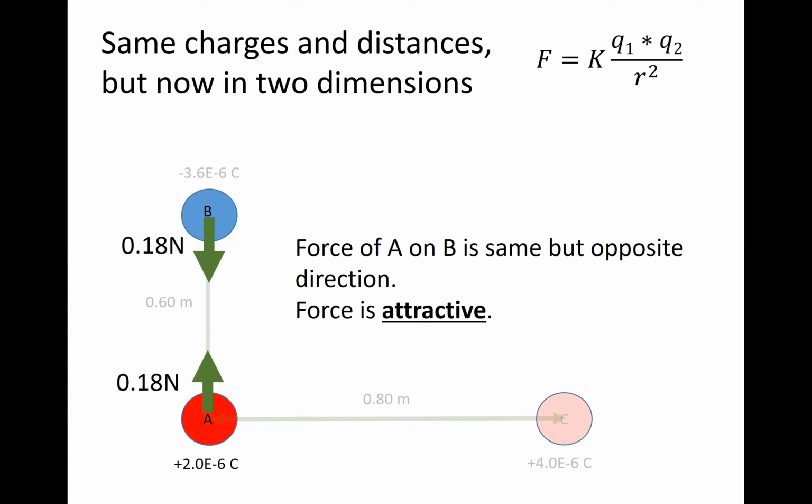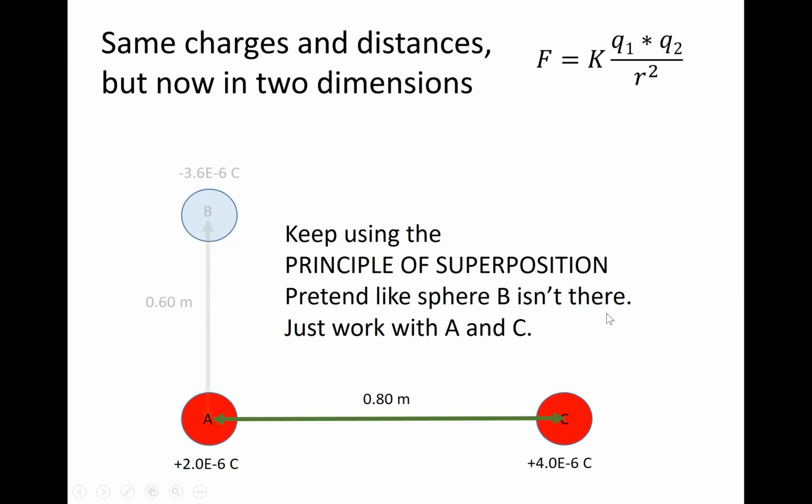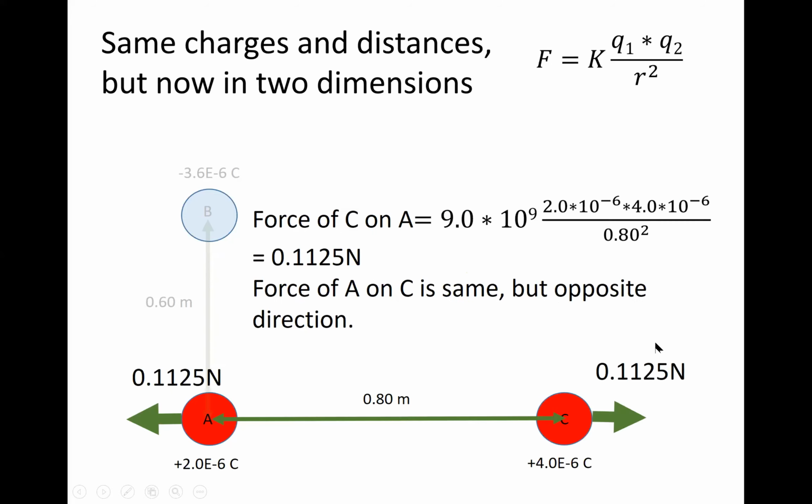Okay, all right, and so now I know that force. Now again, you use the principle of superposition. This time I've grayed out sphere B, so the only things in the universe are A and C. And again, it's the same numbers and same distances, so I'm going to get the exact same force, okay?